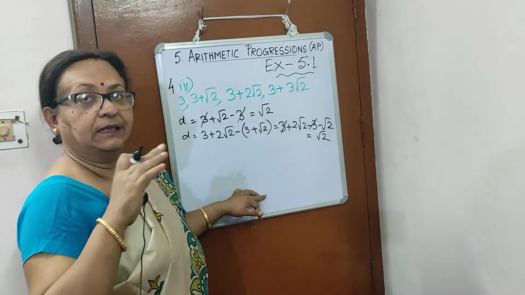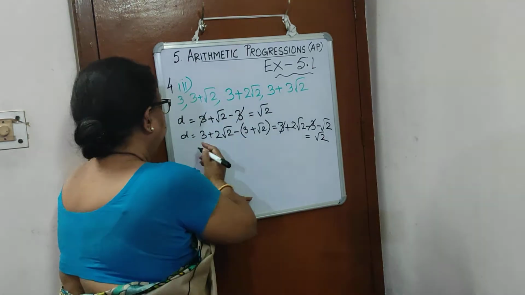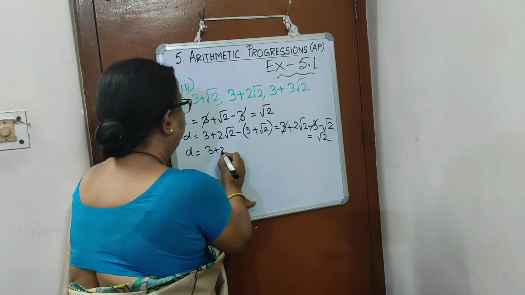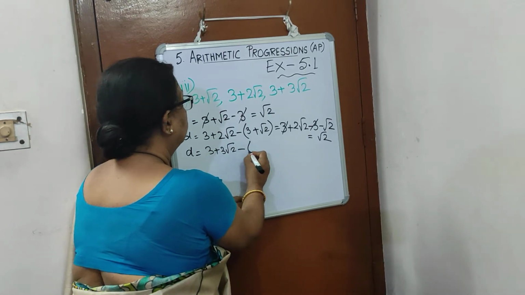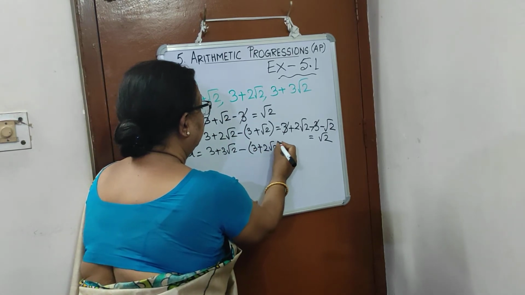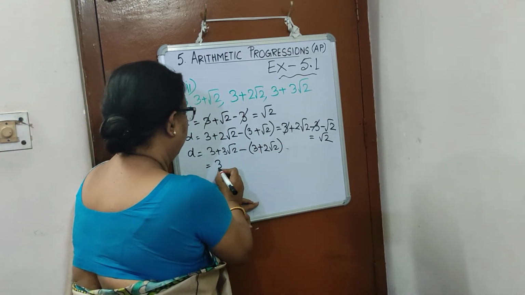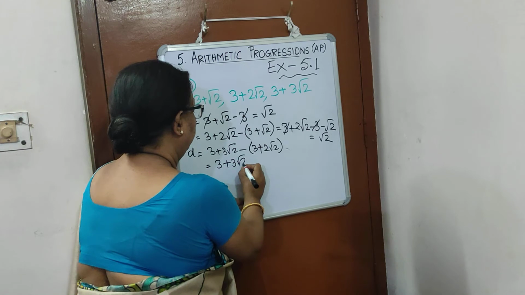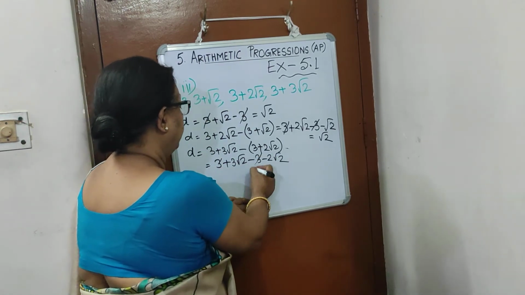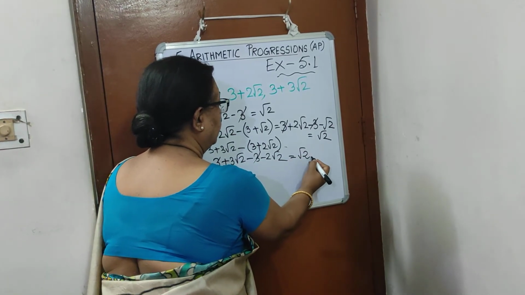The difference is till now constant. Let us check for another one. 3 plus 4 root 2 minus the previous one, 3 plus 3 root 2. What do you get? 3 minus 3, 4 root 2 minus 3 root 2, that is root 2.